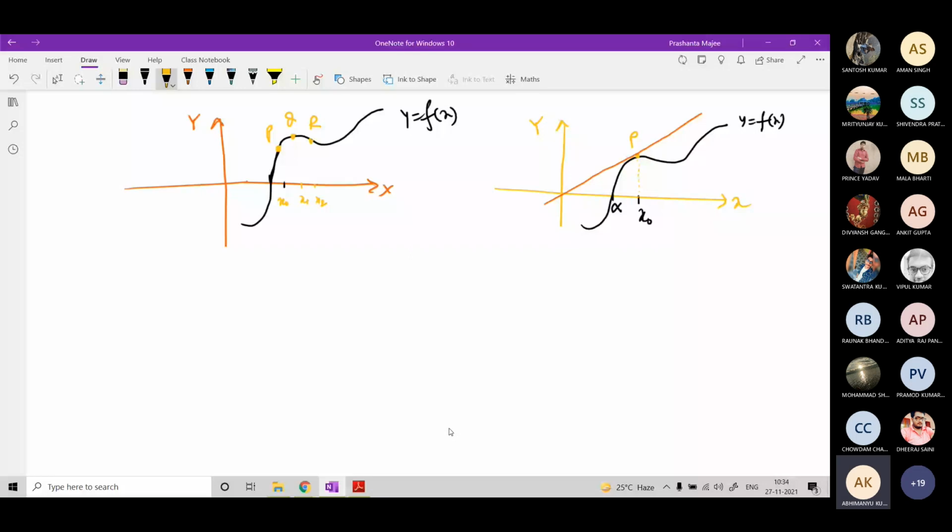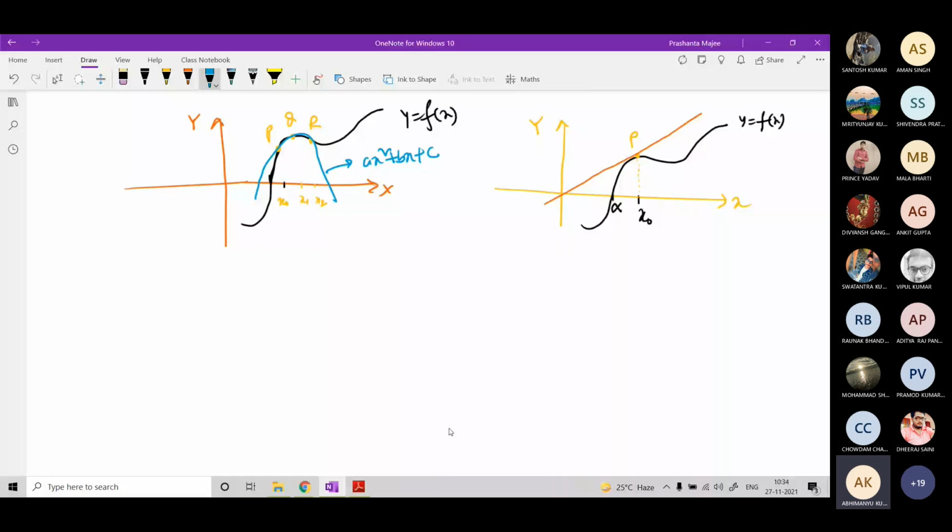Then we draw a parabola, or quadratic polynomial, passing through those 3 points. This is the equation of the parabola: ax squared plus bx plus c, for some a, b, c.